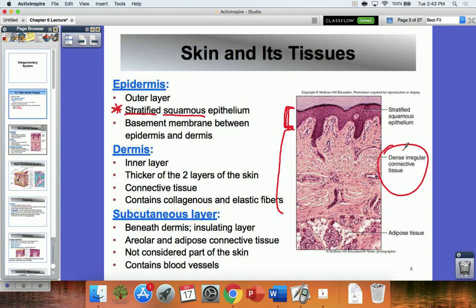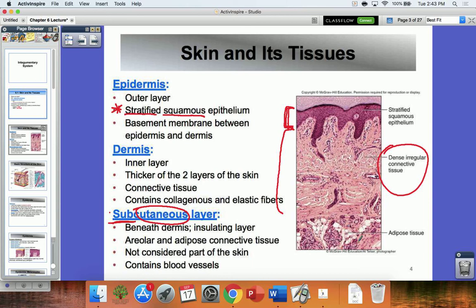And we also have underneath the dermis the subcutaneous layer. Now, remember we said that cutaneous means skin, sub means below, so the subcutaneous layer is the layer that's below the skin. And so that's this layer right here.